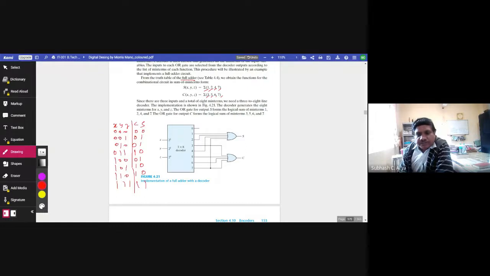So this sum, S, is 1 at what places? 1, 2, 4, 7. This is what is written here. And carry is 1 at 3, 5, 6, 7. At these places, C is equal to 1. Is it okay?